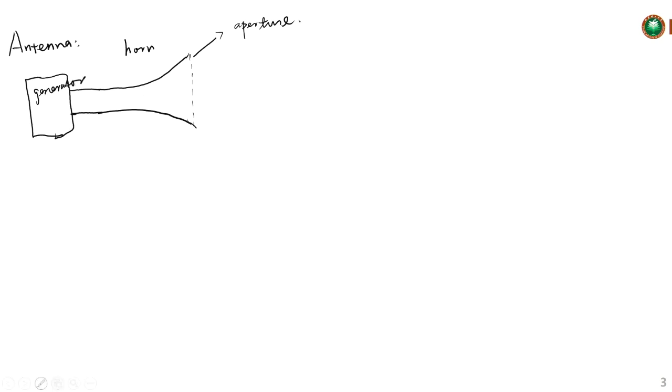The generator generates the energy, and it propagates inside the antenna, where it is converted to electromagnetic waves. When it goes outside of the aperture, they become the actual electromagnetic waves.